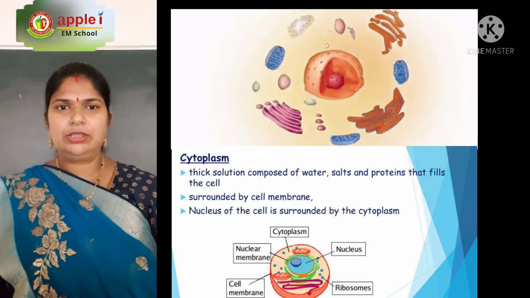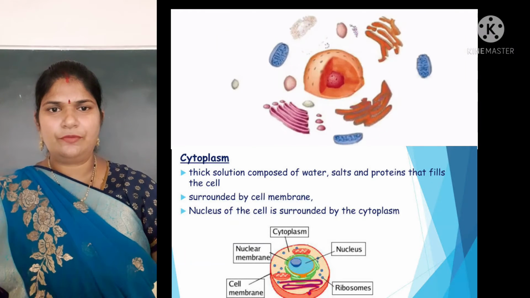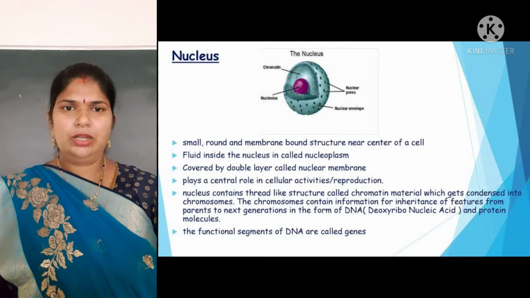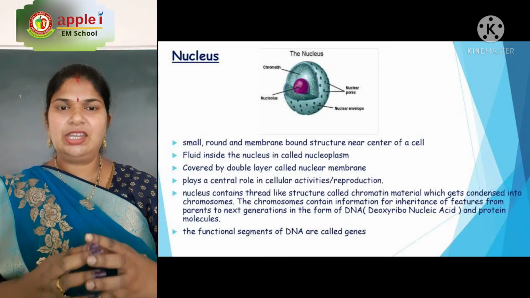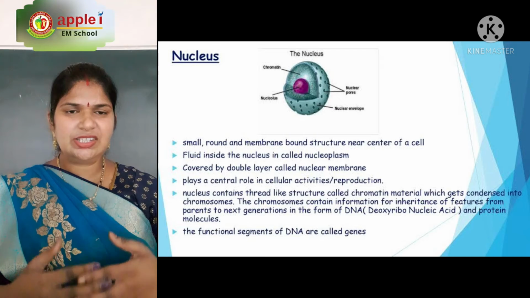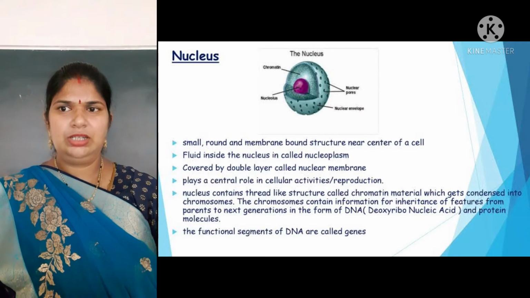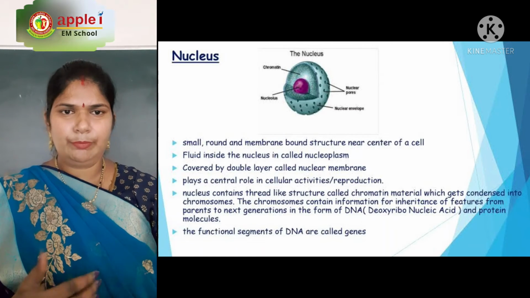Now coming to the third part of the cell. The third main component of the cell is the nucleus. The nucleus is a small, round, membrane-bound structure found in the center of the cell. The fluid inside the nucleus is called nucleoplasm, covered by a double layer called the nuclear membrane.